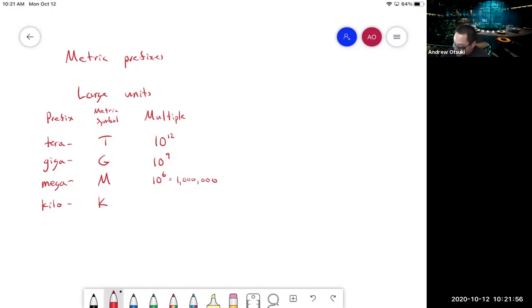So kilo is k. We do not use capital K because capital K is already the unit for Kelvin. So we use lowercase k, and that is 1,000 or 10 to the third right here.